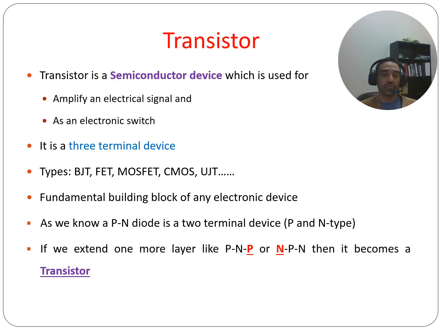MOSFET, you may have heard this name somewhere, right? It's metal oxide semiconductor field effect transistor. So it's a type of field effect transistor, just one that has an insulated gate. So it still has a gate, a drain and a source. The gate happens to be insulated. So again, three terminals: gate, drain, source.